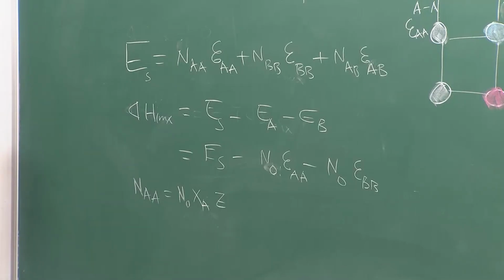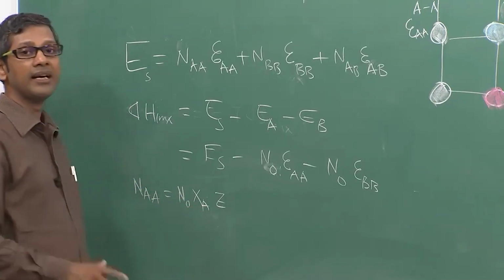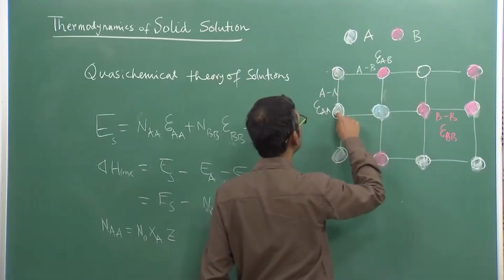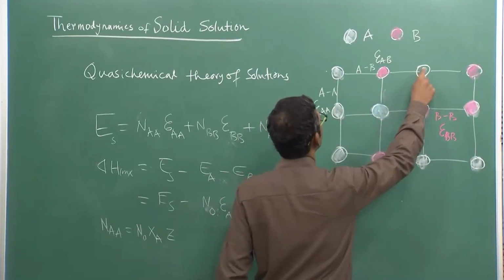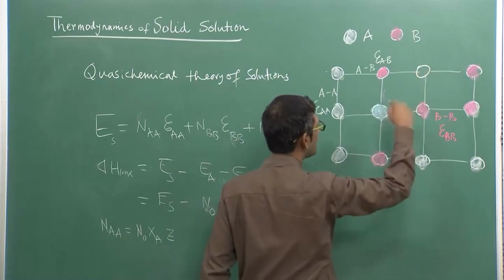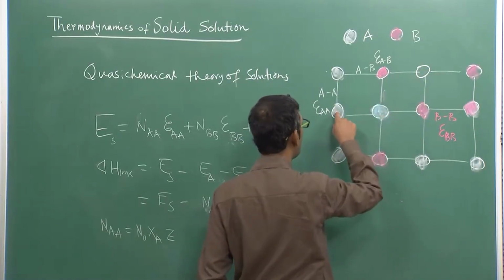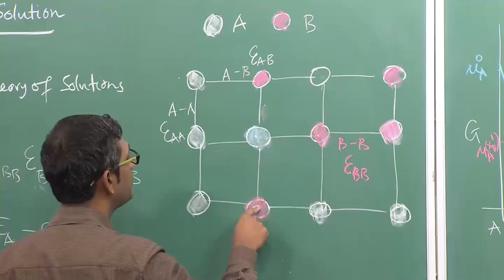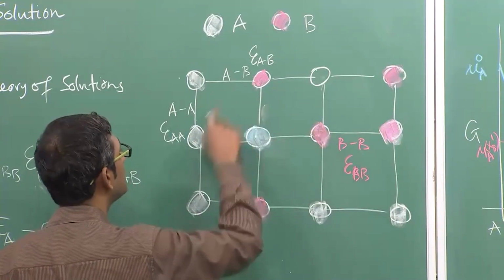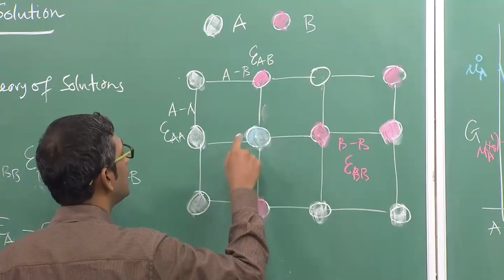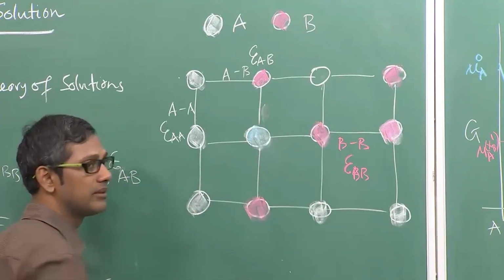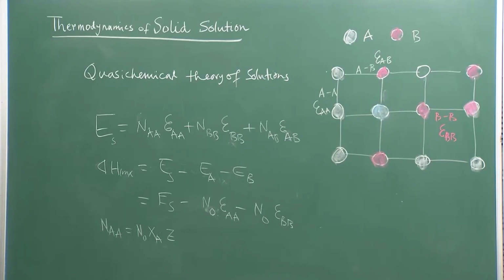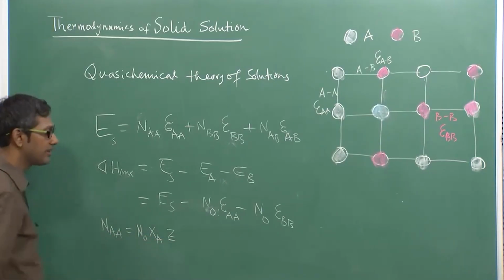Obviously, a coordination number means, suppose I have an A atom, it is surrounded by another A atom here and B atoms. So these nearest neighbors are actually 1 A and 3 B. In a 2 dimensional scale it has a Z value of 5, but in 3D it will be more. That is why in general we put Z.